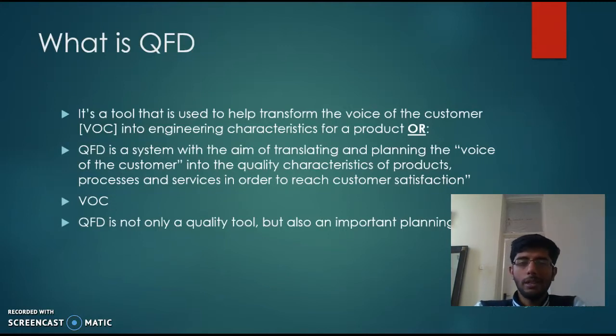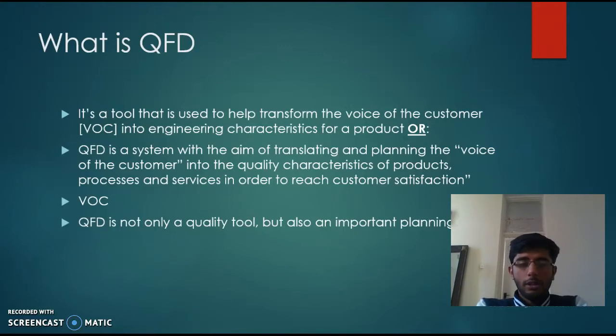So companies measure that level of satisfaction through different processes. So quality function deployment is actually a process by which companies measure what level of satisfaction customers require through their product or service.